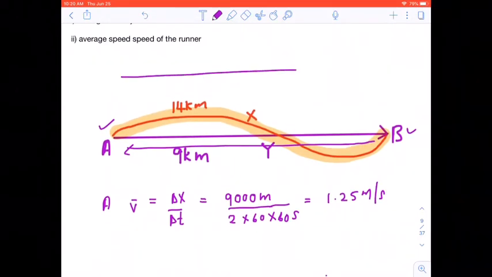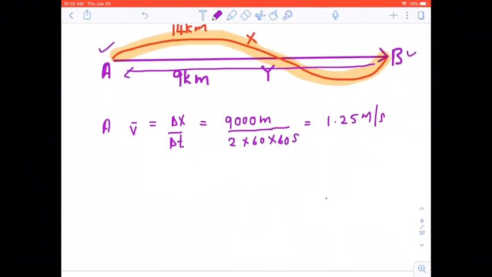Let's assume we're taking that direction as positive, or we could just say it's moving towards the east.